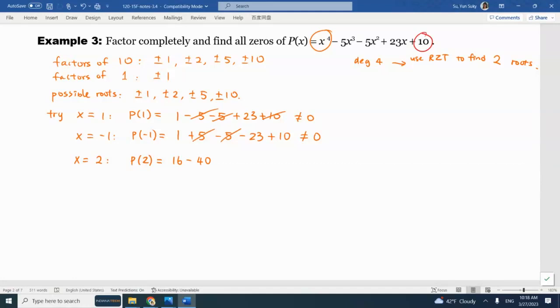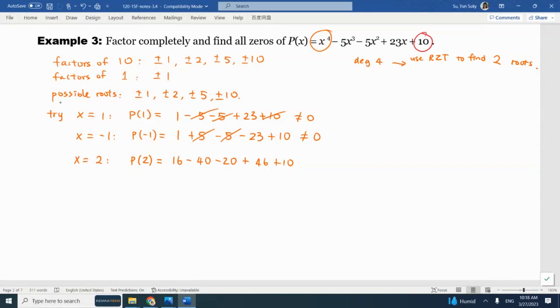Okay, next one. 2 squared. 2 squared is 4. 5 times 4. 20. So minus 20. And what is 2 times 23? Yes, good job. 46 plus 10.